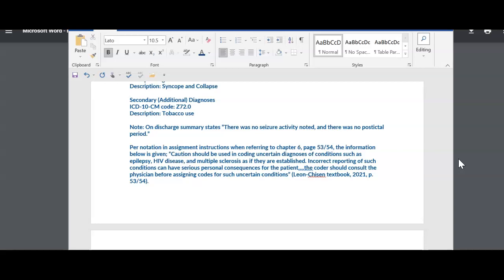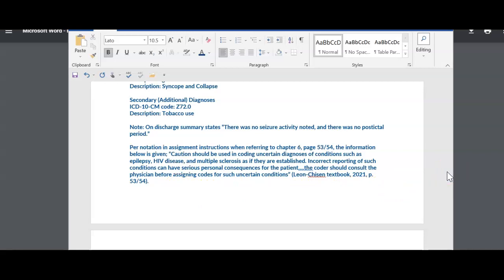This is really important because the beginning of this talks about inpatient, where if it's inpatient and it says possible appendicitis, you can code it. But there are some instances where you cannot code it because these conditions listed right here can have very serious personal consequences for the patient.